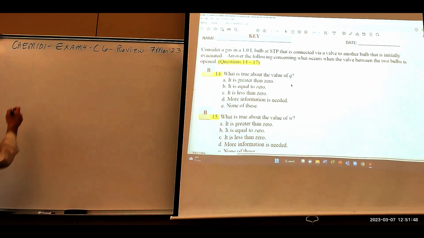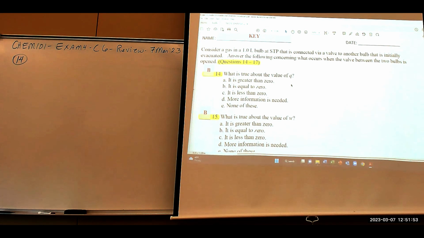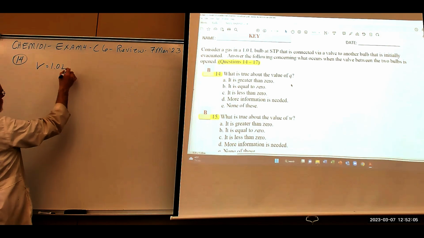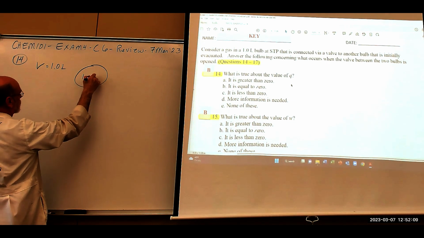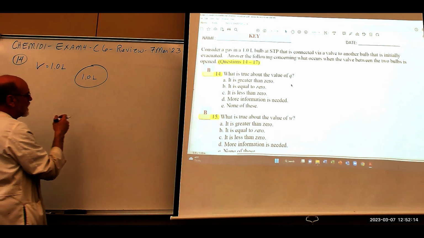Question 14 through 17, I don't know if I do all of them. Yeah, I probably do. It's based upon that first statement. Consider a gas in a 1 liter bulb. So volume equals 1 liter. Got a gas in this 1 liter bulb at standard temperature and pressure.